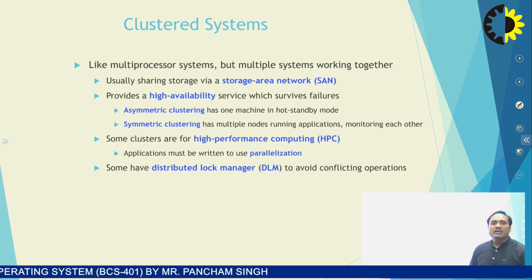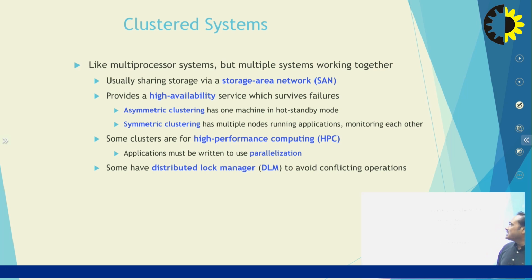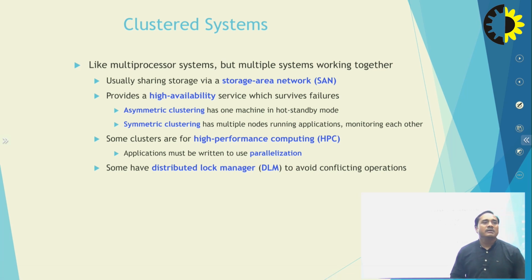So what is asymmetric clustering? It has one machine in hot standby, that is called asymmetric clustering. And what is symmetric clustering? It has multiple nodes running applications, monitoring each other, and that is called symmetric clustering.